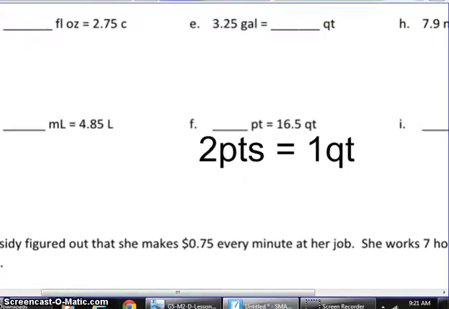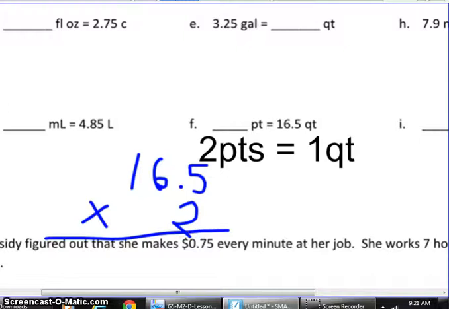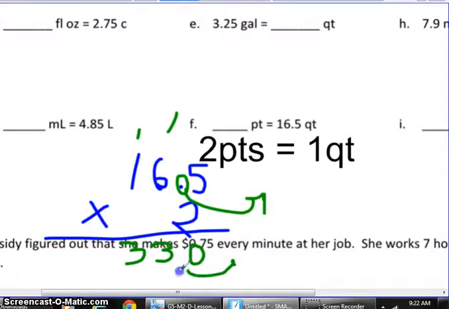Let's do blue. 16.5 times 2 equals, and we'll solve it in green. 2 times 5 is 10. 2 times 6 is 12, plus 1 is 13. 2 times 1 is 2, plus 1 is 3. Now we had one decimal that we moved out, so at the end, we've got to put it in. So it's 33.